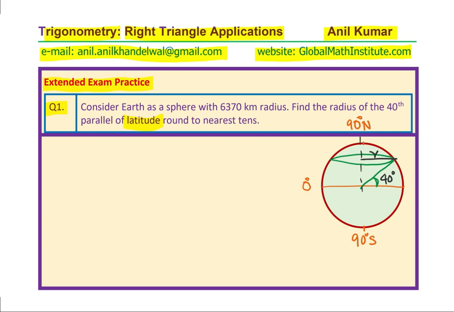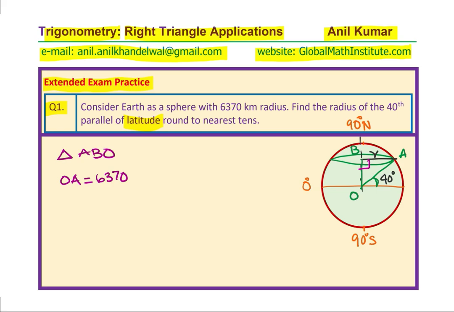Now let's begin with the solution. Look at the triangle, with center O, and the points labeled A and B. We need to solve the triangle ABO, which is a right angle triangle with the right angle at B. In this triangle, we know the radius OA, which is the radius of the Earth, 6370.